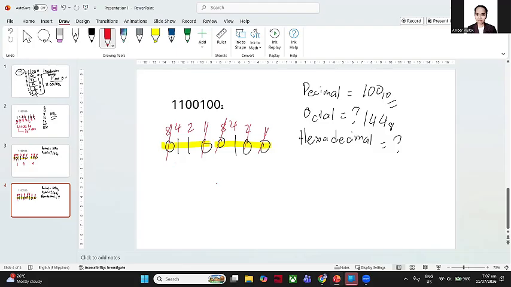Now, this group, we're going to add them. That is the difference between the octal and the hexadecimal solving solution. So 4 plus 2 is 6. So 4 in this group.